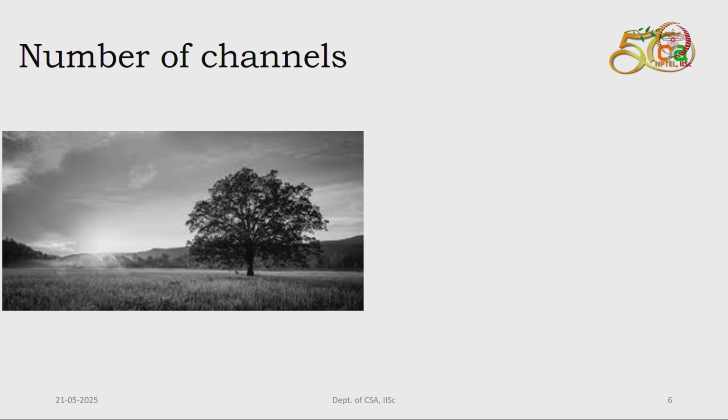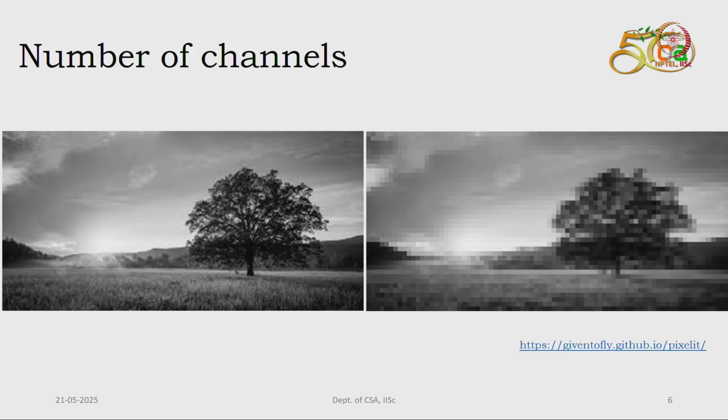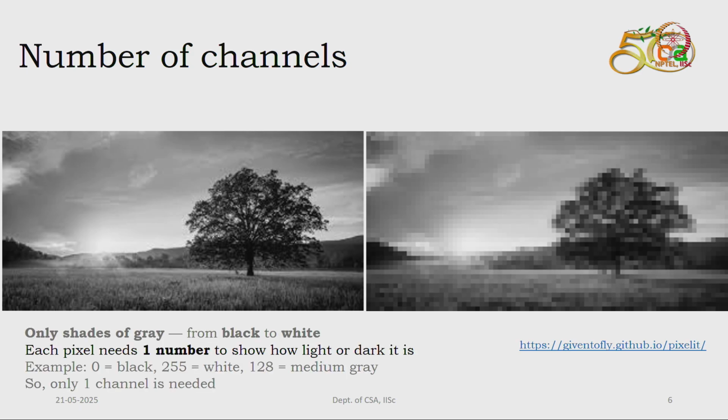For example, if you consider a grayscale, on the left side what you are seeing is a grayscale image. Now, this is a pixel representation of the same image. If you take one particular pixel, how many values will be used to represent that pixel? When you are taking a grayscale, a pixel will have only one value. What is that one value?